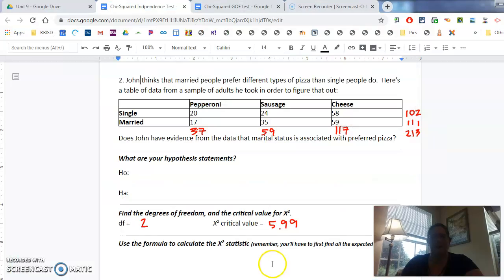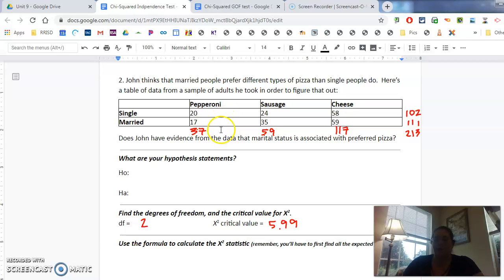So we are now ready to actually find our chi-square statistic, but first part of that is we have to know what our expected counts are. So just like last time, I like to do that in my calculator, but then write the expected counts in the table right next to the observed counts, just because it makes it easier when I go to do my equations later.